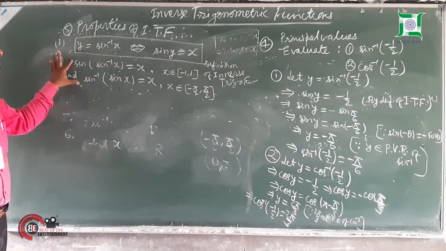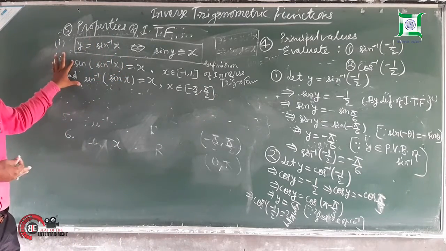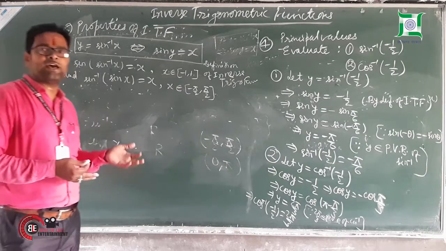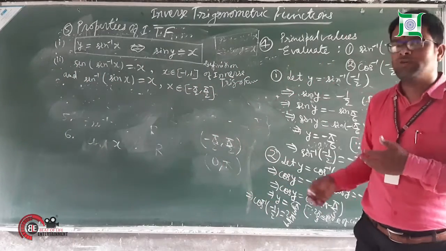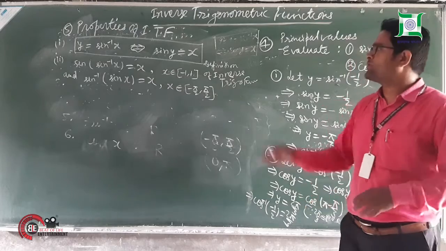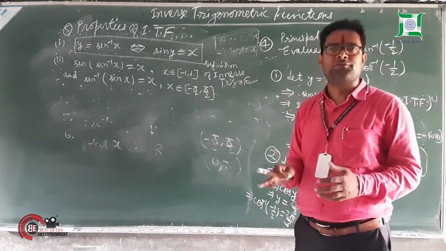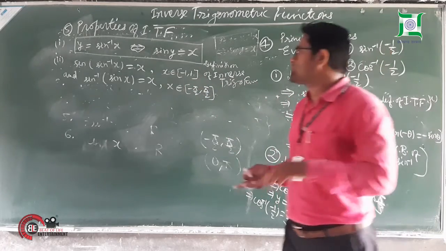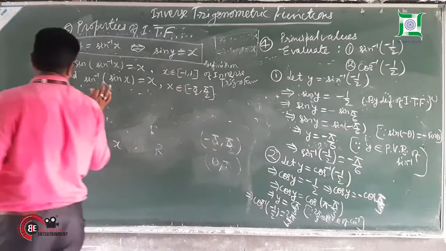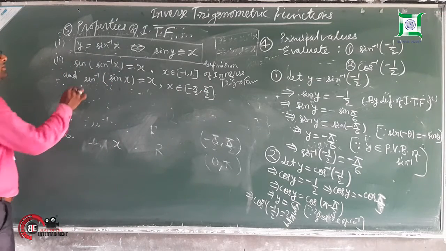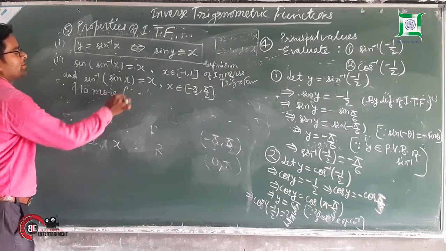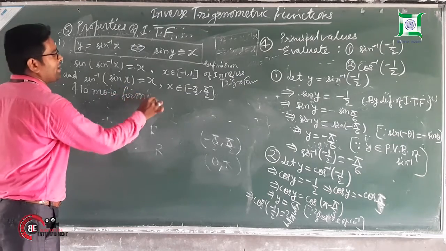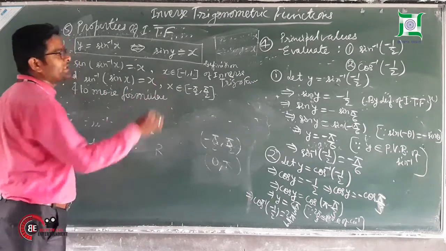Now, for sine we are having two formulae. In the same way, for cos, for tan, for cosec, and for cot we are having more formulae. So for 1 we are having 2 formulae, for 6 we are having 12 formulae. So we will have total this type of formula 12. So I am writing here 10 more formulae, including these two.